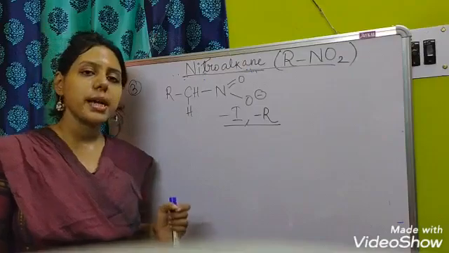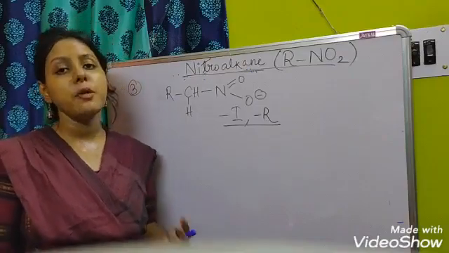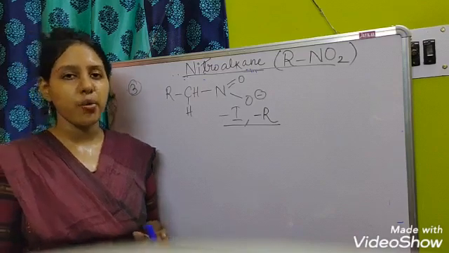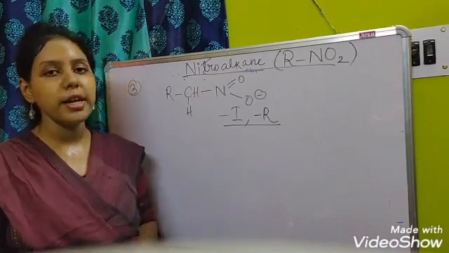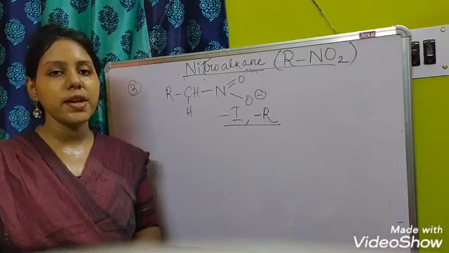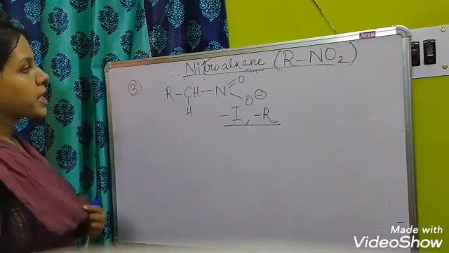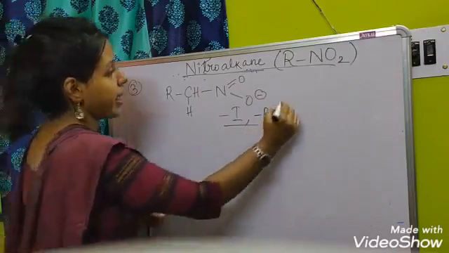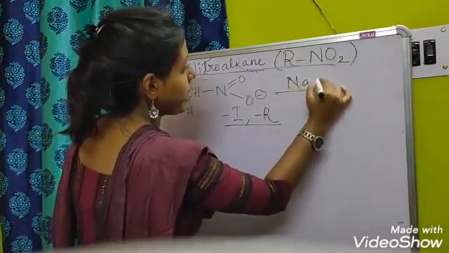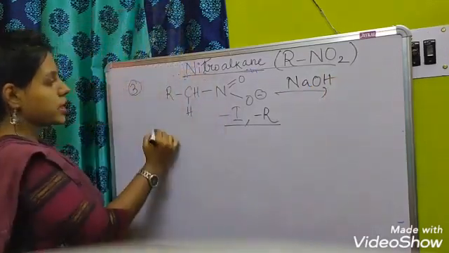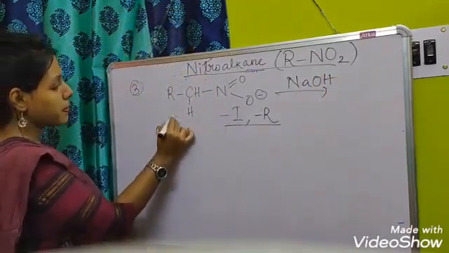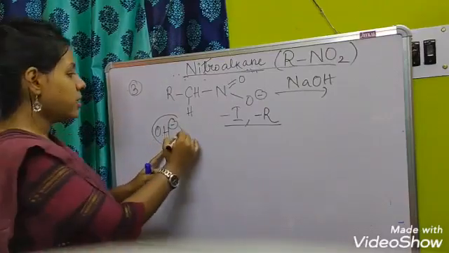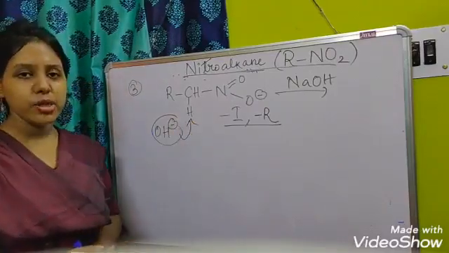So nitroalkanes are basically neutral, but in presence of a very strong base like NaOH or KOH, they can show their acidic property and give a salt. Suppose we are adding a base here, NaOH. The OH minus of the base will absorb the hydrogen from here.